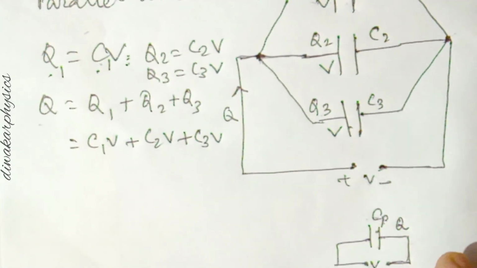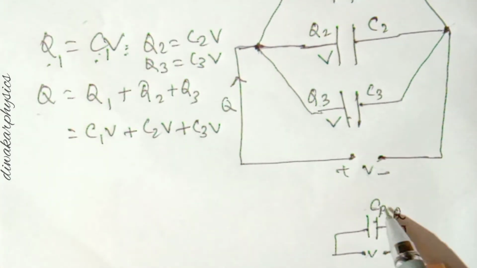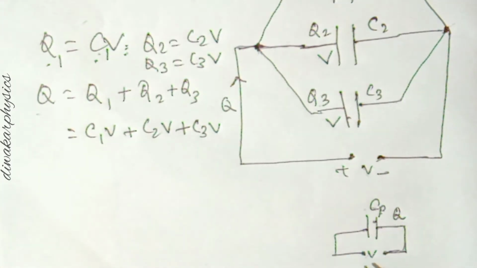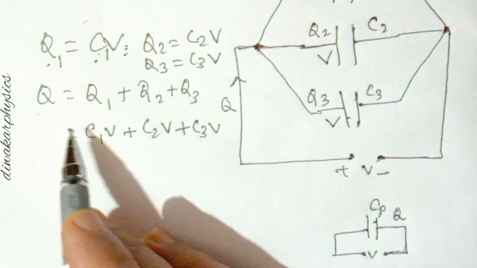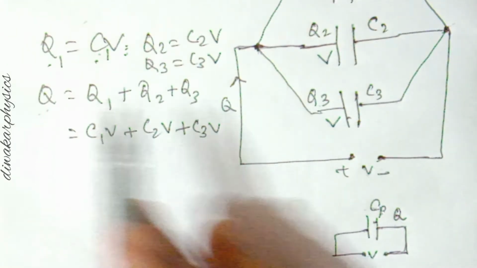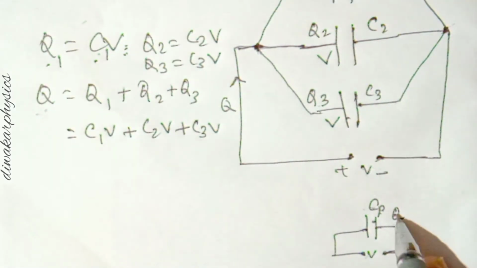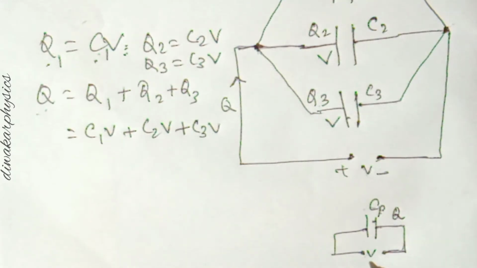Then can I write Q is equal to CP into V here? This is the total Q, and this is also the total Q sent by the same source to a single capacitor.